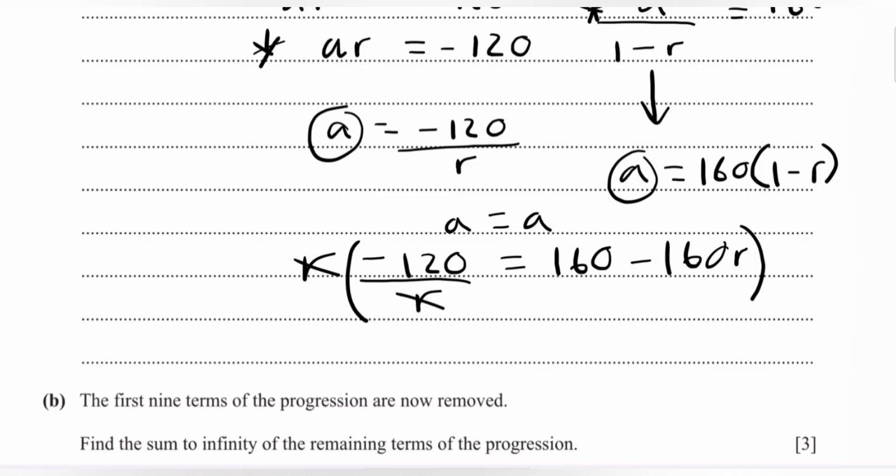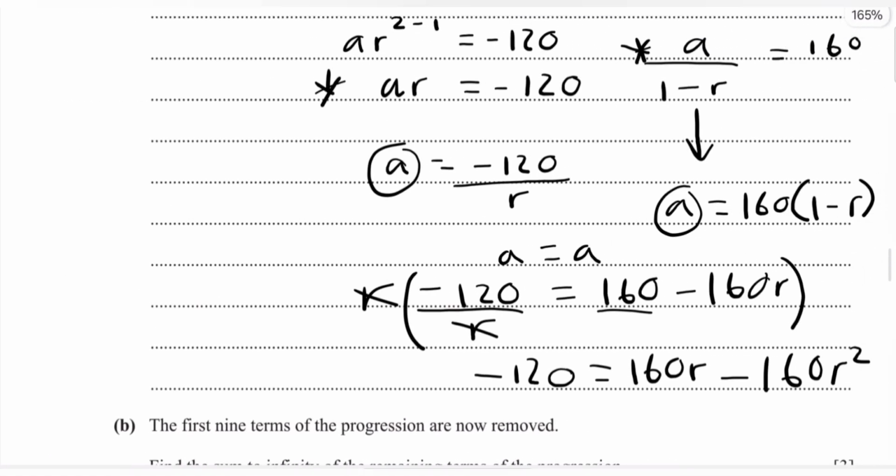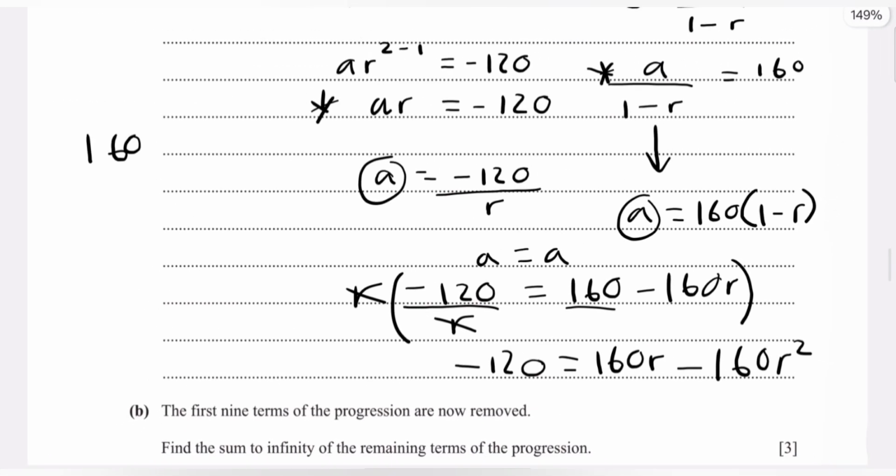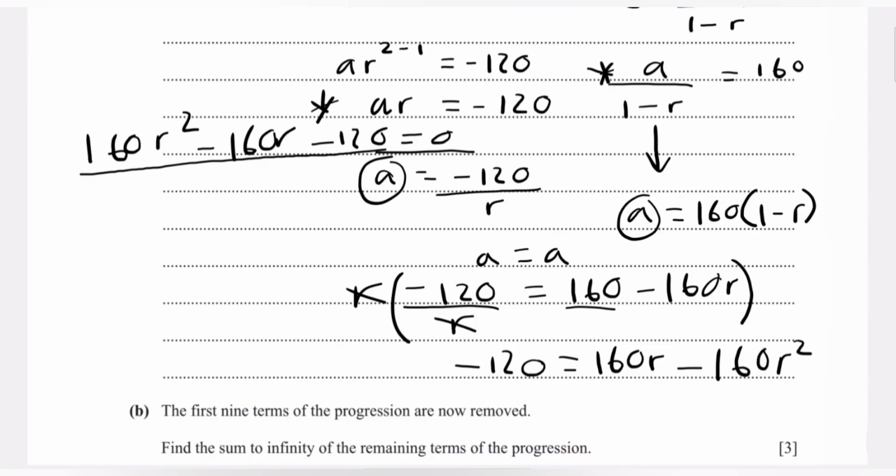So that will be minus 120 for that. Then this will be 160r because we're multiplying everything, and that will be 160r squared. So taking everything to the left hand side, we get 160r squared minus 160r minus 120 is equal to 0, right?